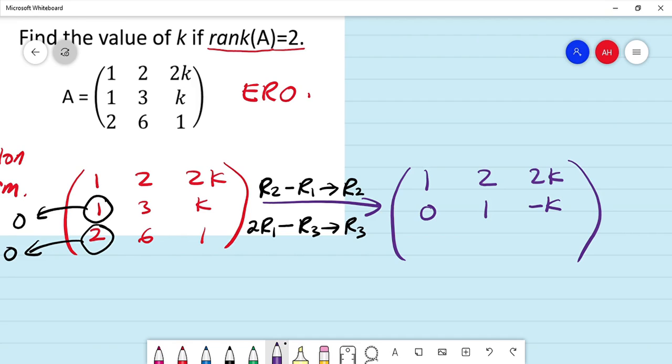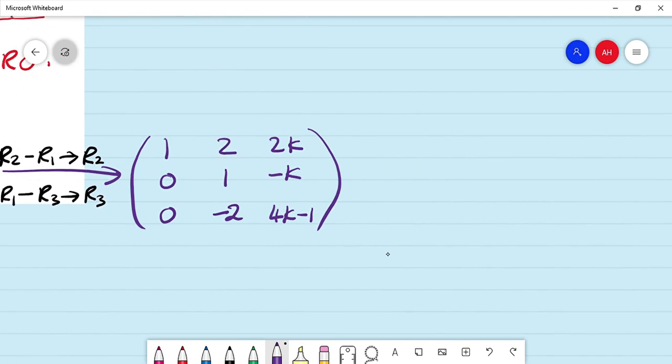Now for row number 3, 2 minus 2 is 0, 4 minus 6 is negative 2, and 2 times 2k is 4k, so we have 4k minus 1 there.